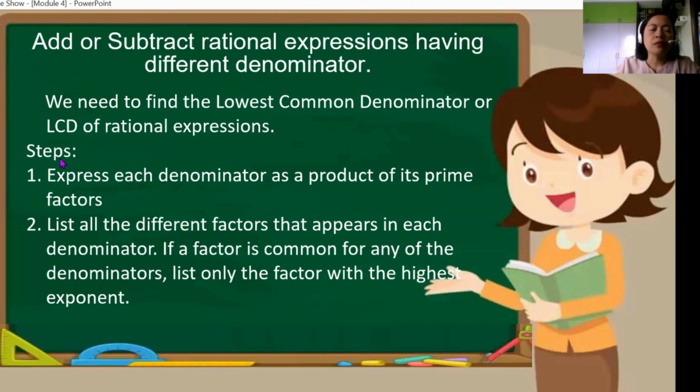Steps. The first, we express each denominator as a product of its prime factors. And then number 2, we list all the different factors that appear in each denominator. If a factor is common for any of the denominators, we list only the factor with the highest exponent. Okay. Tingnan natin yan sa example.